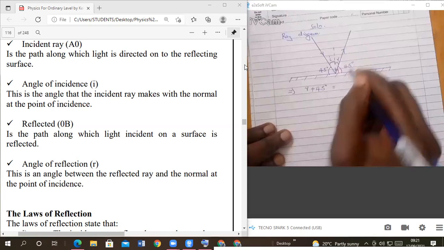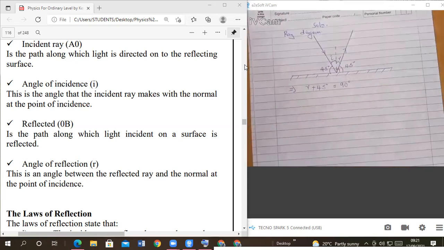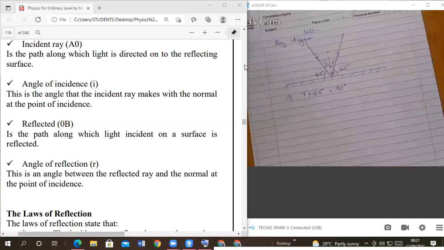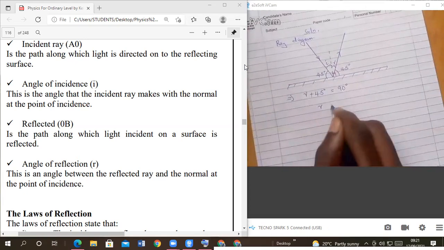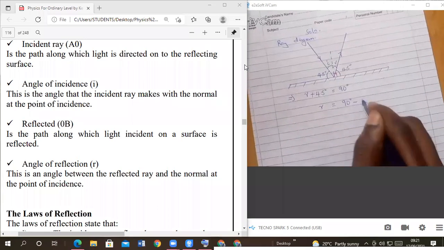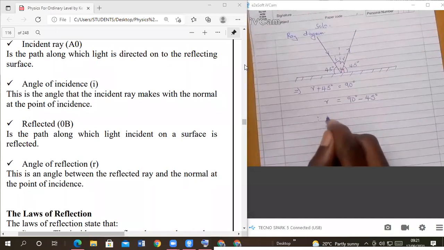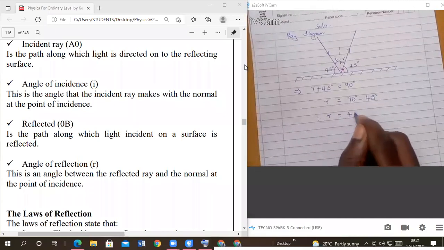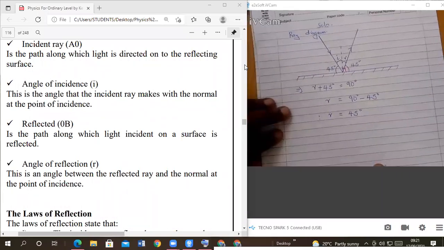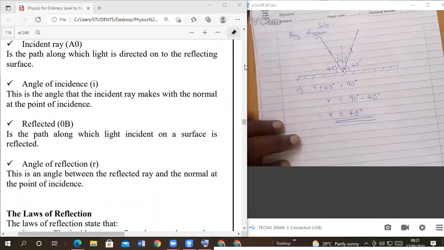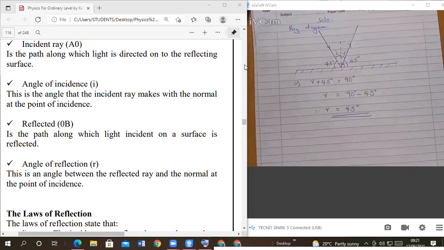When you add R plus 45, it must give us 90 degrees. So R equals 90 degrees minus 45 degrees. Therefore, R is equal to 45 degrees. As simple as that. Are we together?